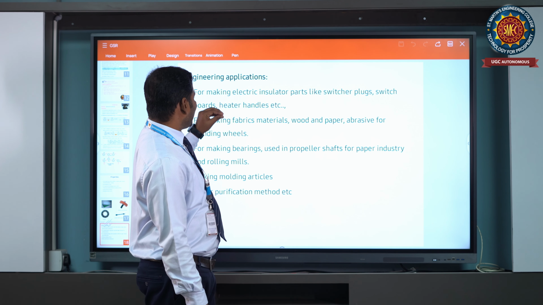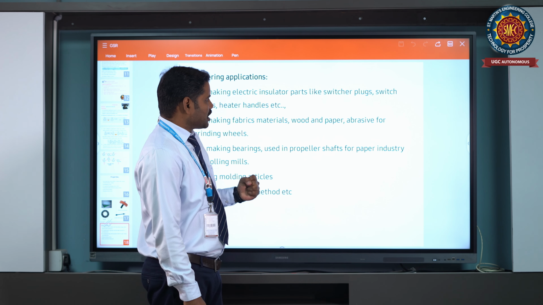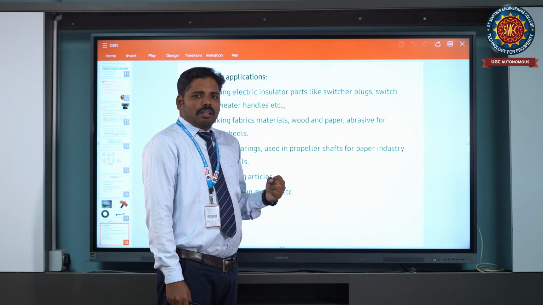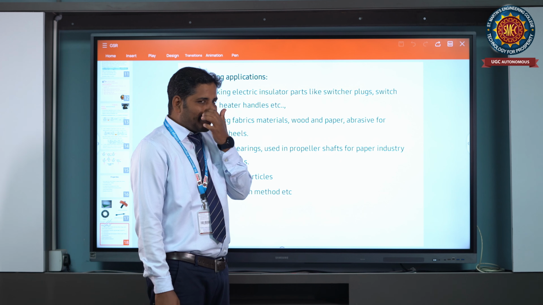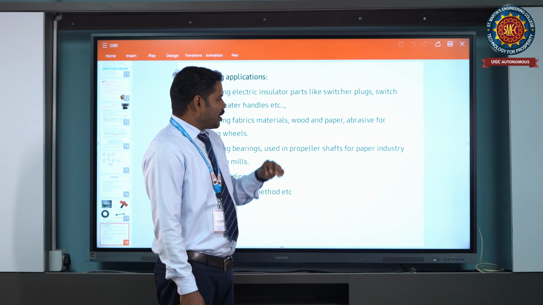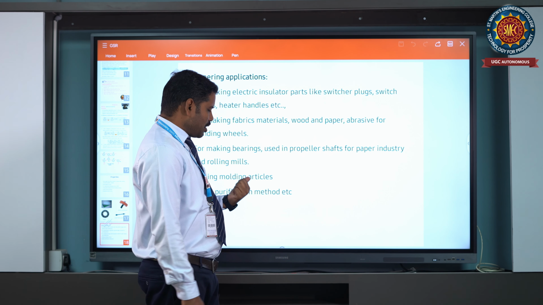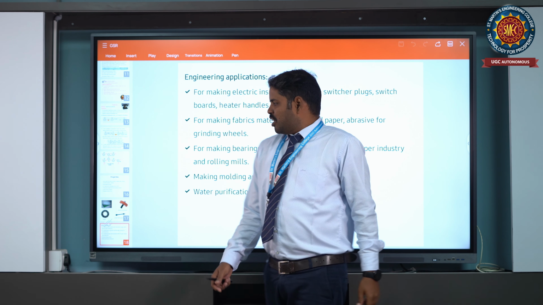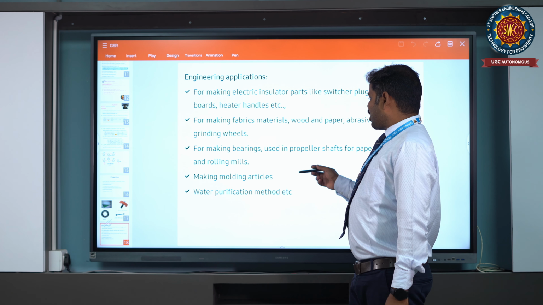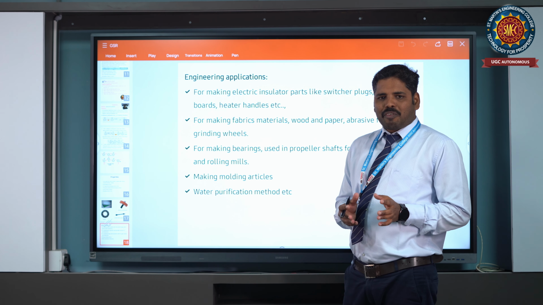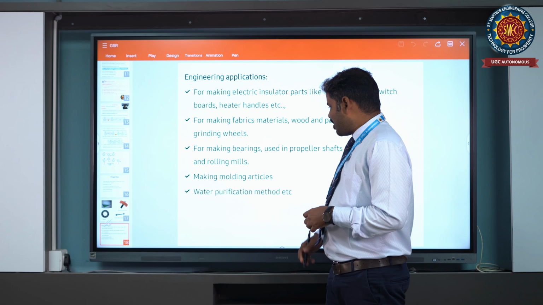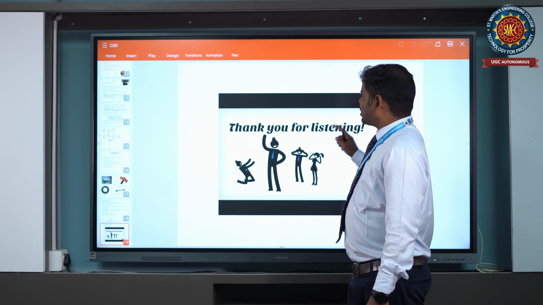I listed some points: making electrical insulators like switches, plugs and switchboards, and heating handles. Second one, making fabric materials, wood, paper, abrasives, grinding wheels. Third one, making electrical insulators, bearings in paper mills and rolling mills, making moulded articles, water purification methods.